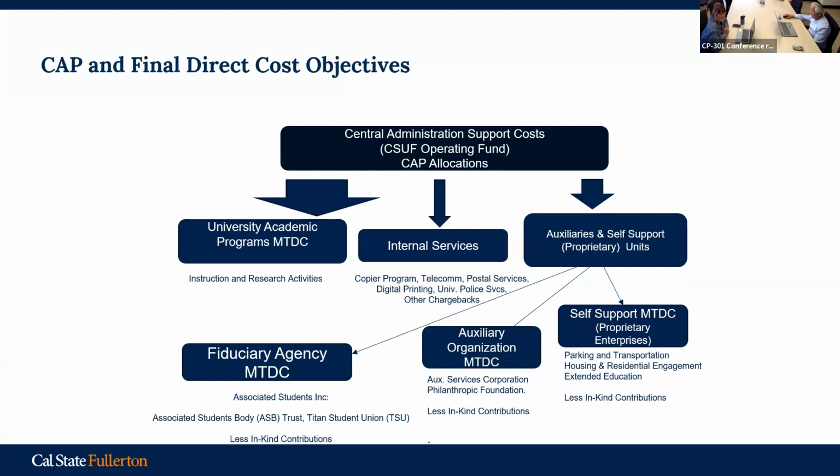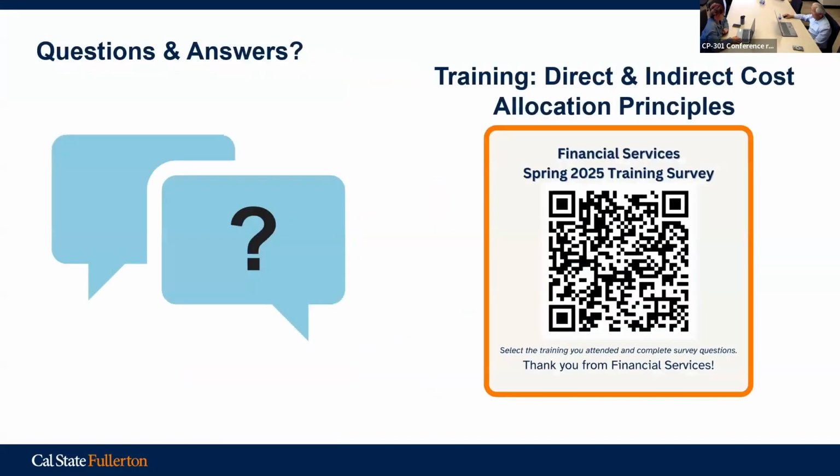And then for self-support, you have parking, housing, and extended education. That is the gist of the cost allocation plan. The reality is more complicated, but that's the gist of what I call the cost principles.